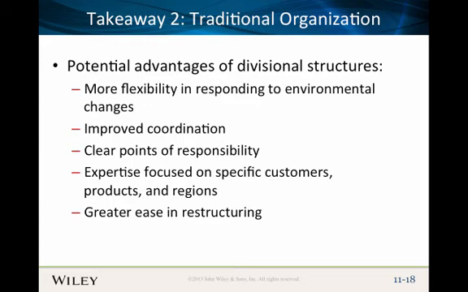You have less of a problem in terms of functional silos because now people are not working in just their functional areas, but they're working in teams across one product, across one market, or across one geography. And so you're more likely to see interaction between accounting and finance and R&D. Why? Because we're all working towards the same goal, whether that be a product, a market, or a customer.